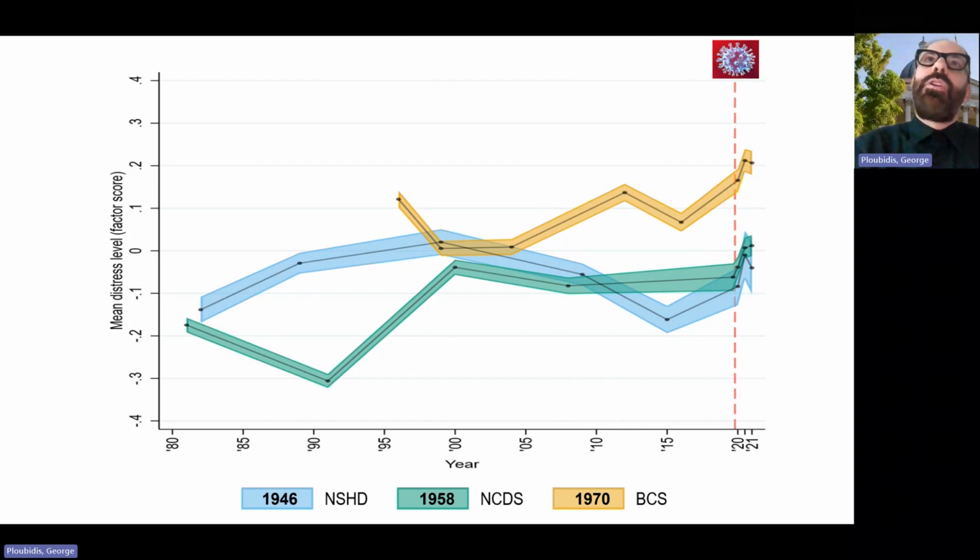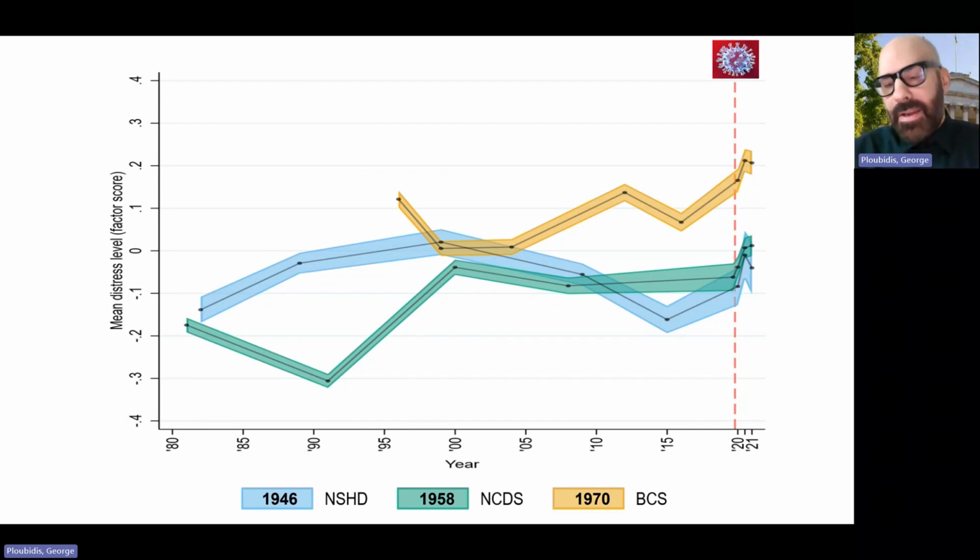And this is quite important because we know mental health, aside from being an important outcome in itself, is an important risk factor for various physical health conditions, mortality, and so on. And of course, we were able to do this because we had data across the life on mental health, psychological distress in this case, from three different generations that allows us to make inference about the impact of the pandemic.